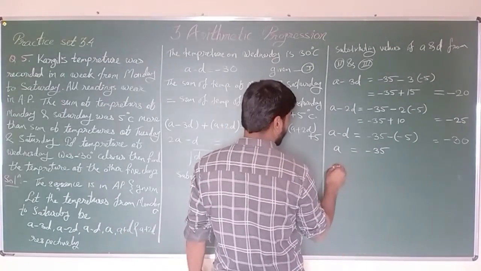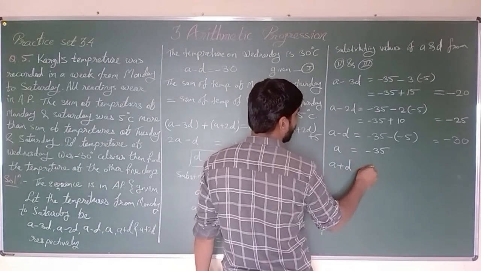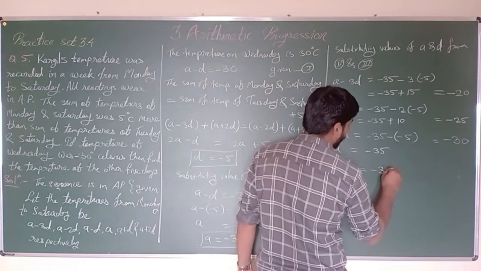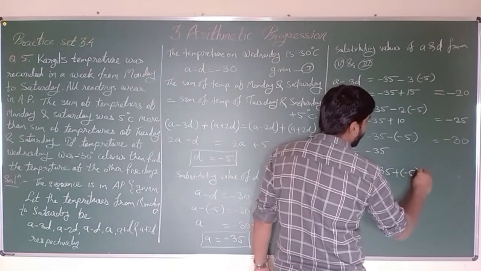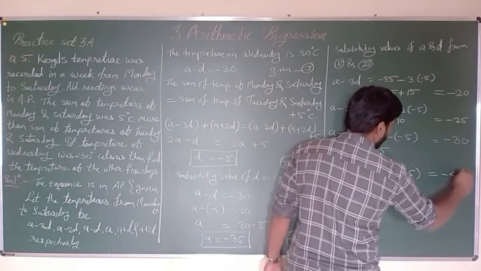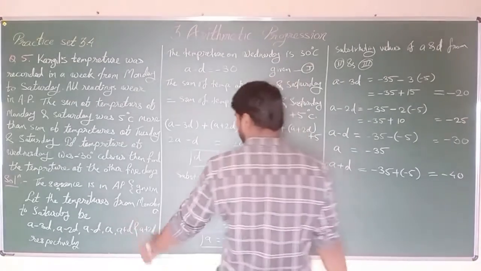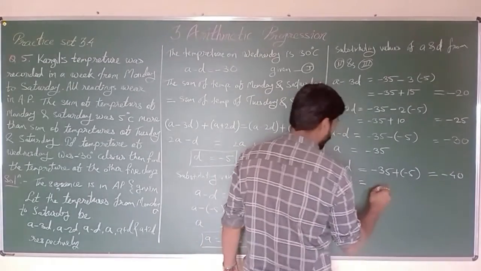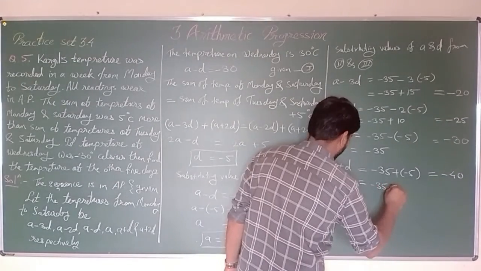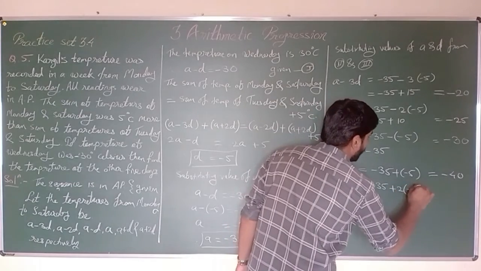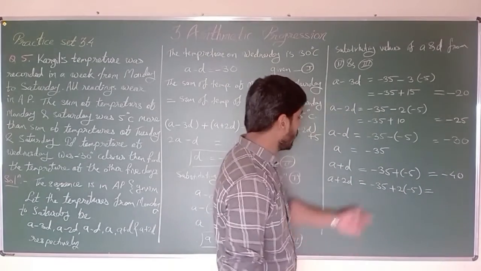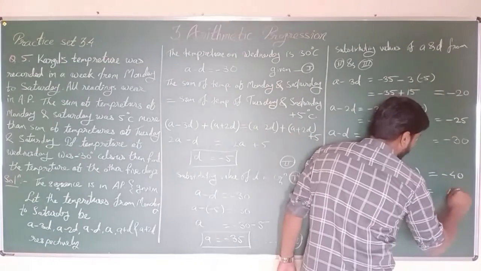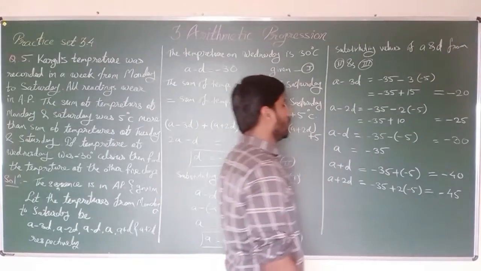On the fifth day, it is a plus d, which is equal to negative 35 plus negative 5, that is equal to negative 40. On the sixth day, it is a plus 2d, which is equal to negative 35 plus twice negative 5. So this will become negative 35 minus 10. So this addition is 45 and the greater number sign is negative.